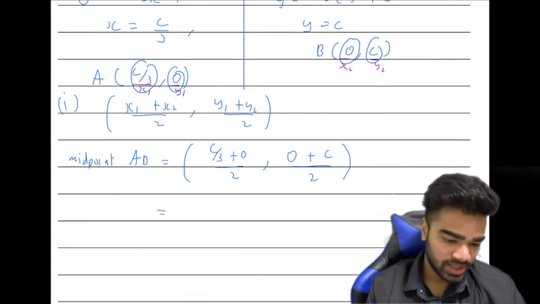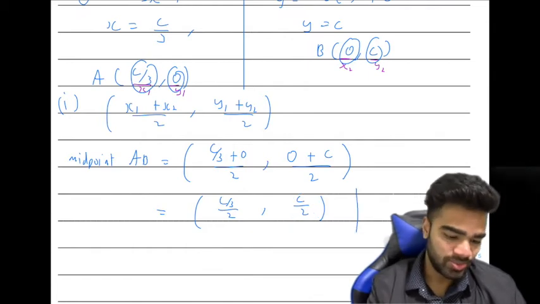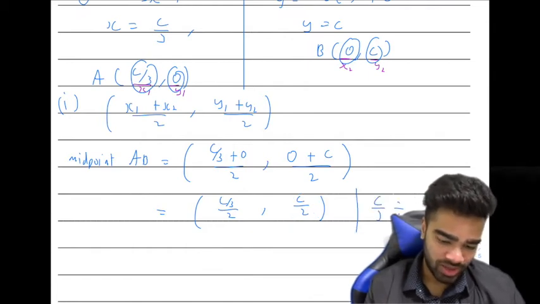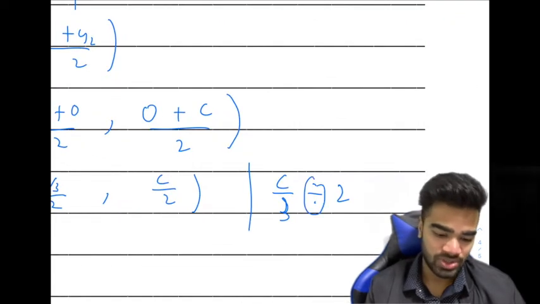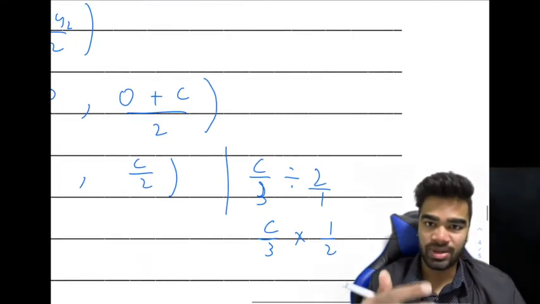Let's try to simplify this. In other words, you have c on 3 divided by 2 and c divided by 2. We can't simplify this, but we can simplify c on 3 divided by 2. That's the same thing, I just wrote it in a different form using the division symbol. It's the same as c on 3 multiplied by half, flipping the division sign.